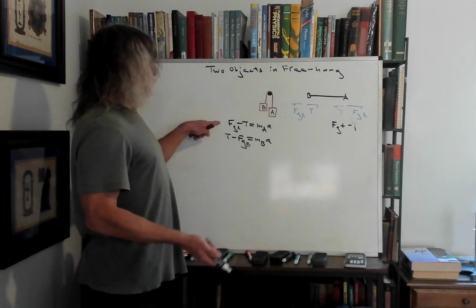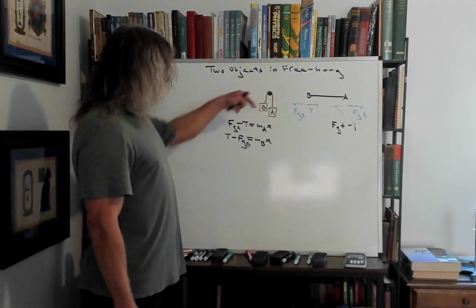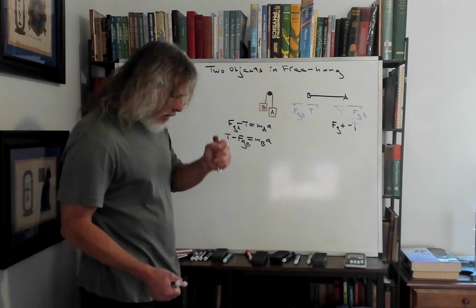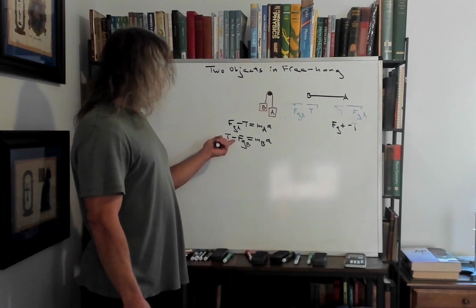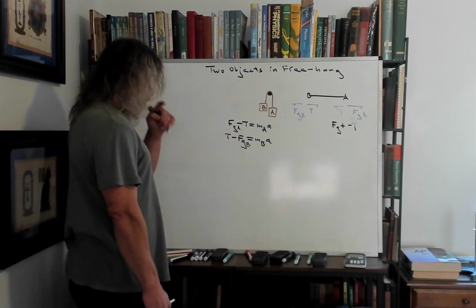So FGA minus T, so the pull downward decreased by the tension. The tension slows it down. And tension minus FGB, because we're considering direction, keep it uniform.